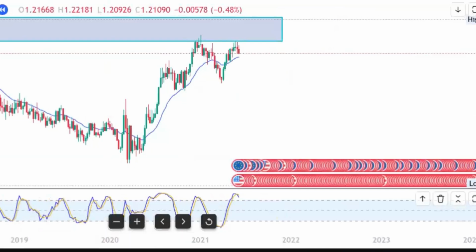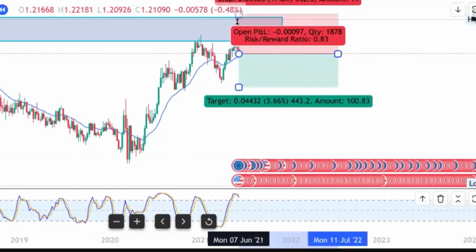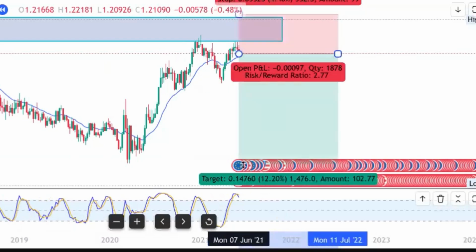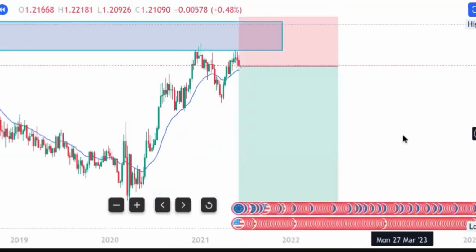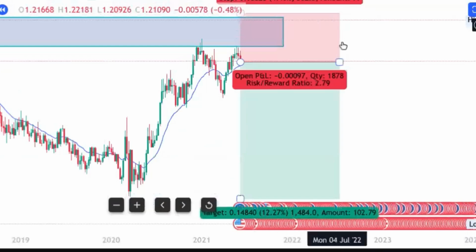So you could go for a short at this time, because I've been showing you a lot of buys. Literally go for a short and aim towards here to make your 1 to 3. Right? Adjust this a bit so you don't have such a big stop.